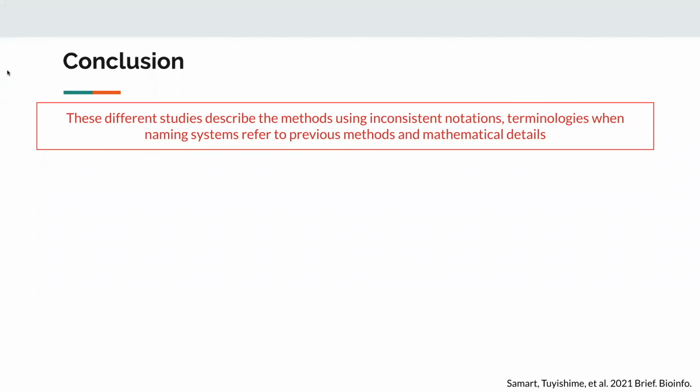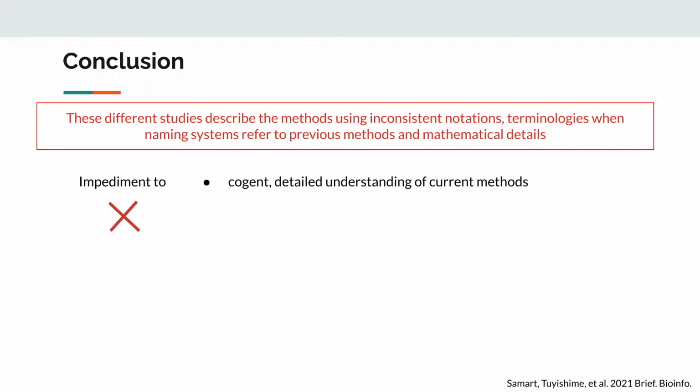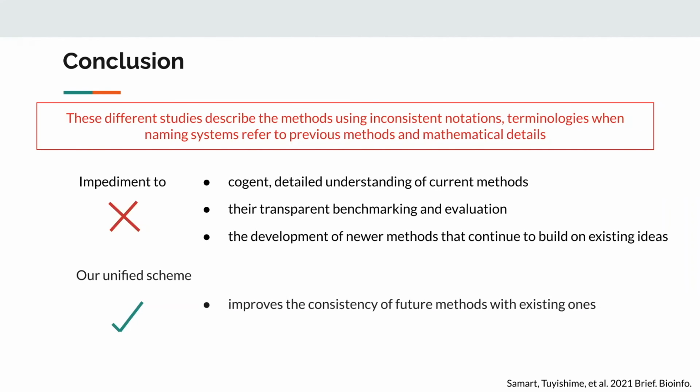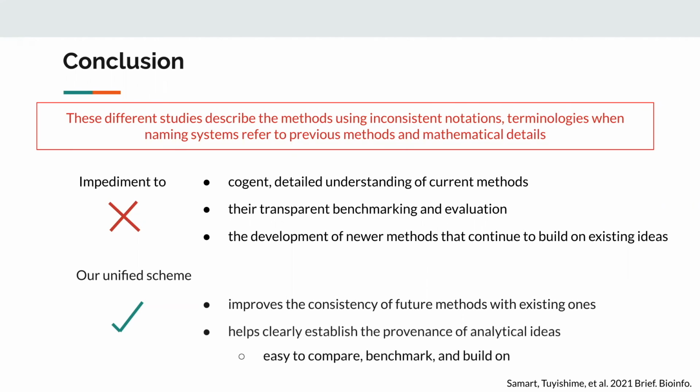However, these different studies describe the methods using inconsistent notation and terminology when referring to previous methods and mathematical details. Such variation is an impediment to a cogent, detailed understanding of current methods, their transparent benchmarking and evaluation, and the development of newer methods that continue to build on existing ideas. Our uniform scheme improves the consistency of future methods with existing ones, and helps clearly establish the origin of analytical ideas, which makes it easy for us to compare, benchmark, and build on.